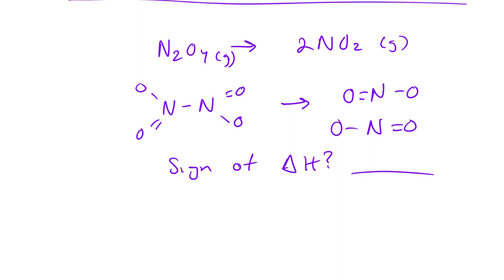What's the sign on delta H? Positive. Why is it positive? It's positive because we have to put energy into the system to break a bond. Anytime you're breaking a bond, the enthalpy is going to be positive. Okay? What's the sign of delta S?